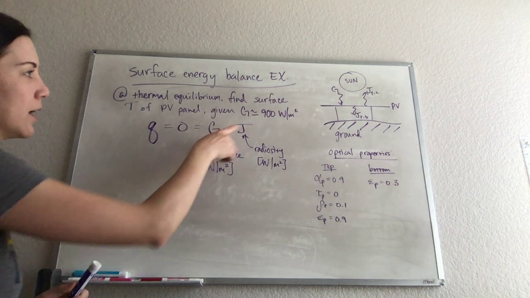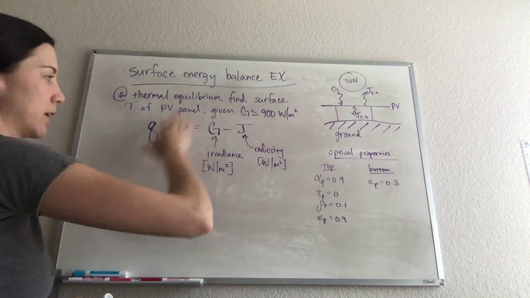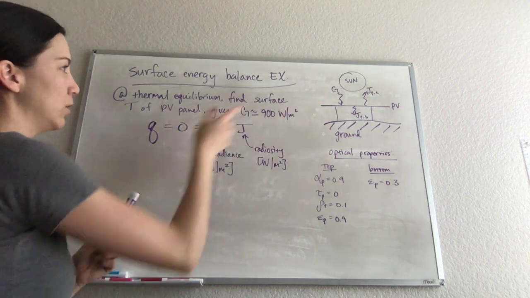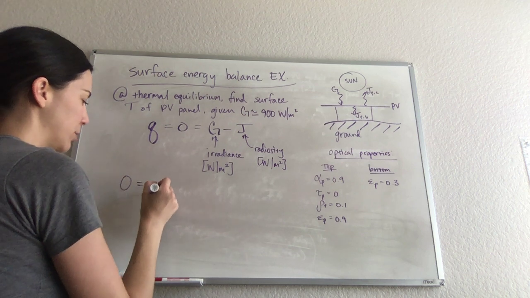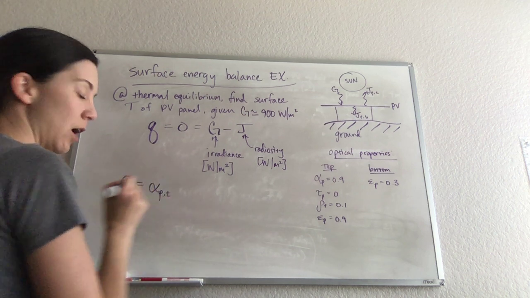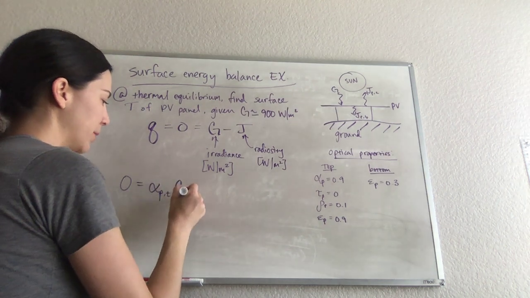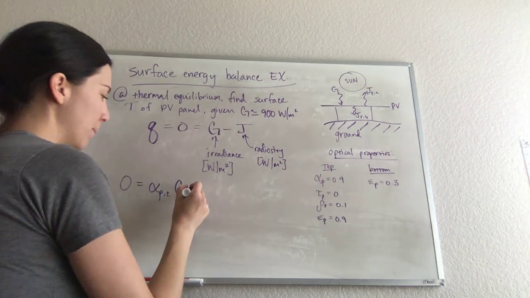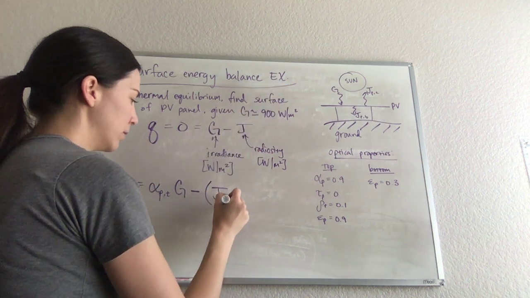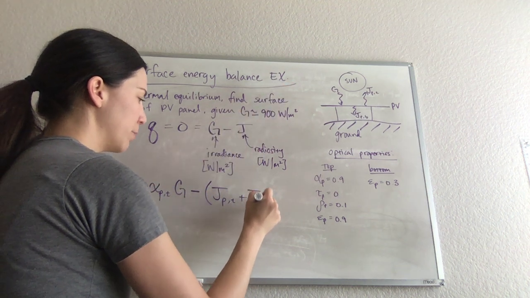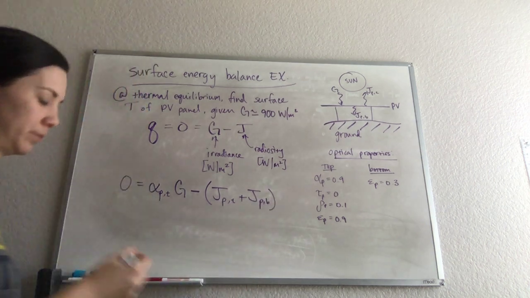So if I follow my picture over here to flesh this out, this will look more like 0 equals the absorptivity of the panel on the top times the incoming irradiance G, minus J panel top, plus J panel bottom.